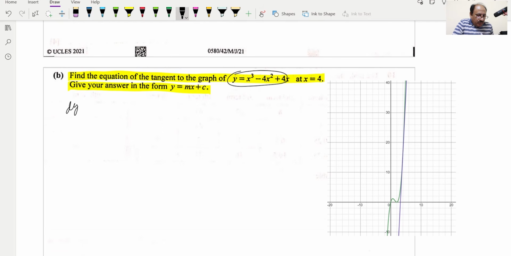So we will be taking the derivative of this for the tangent. So dy over dx will be equal to the derivative of this equation, which is 3x squared minus 8x plus 4. Hopefully you are comfortable with differentiation.